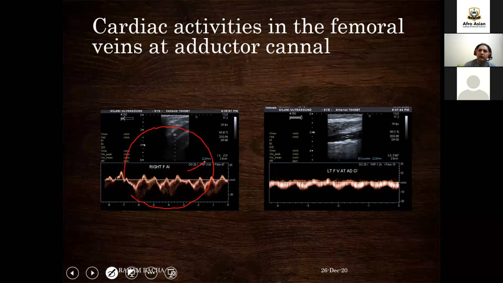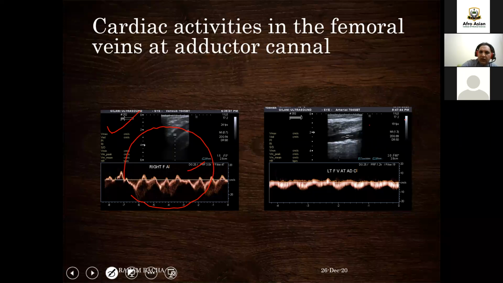If you get any cardiac activity in the distal veins, that could be pathological, and most probably that pathology will be from the heart. So evaluate that patient's heart as well. In this patient, there was tricuspid regurgitation. That's why the cardiac activities were seen in the distal part of the femoral vein.